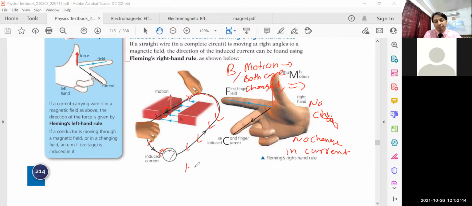However, if only one factor is changed, then the current gets reversed. Means whatever the direction of current is given, in that case, it gets reversed.